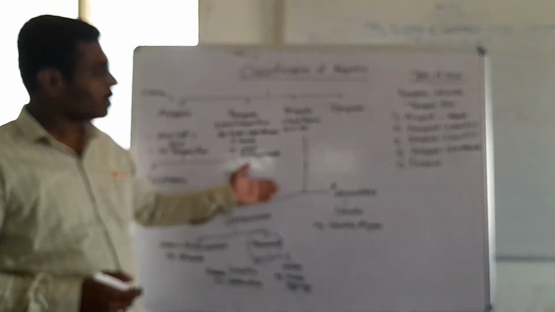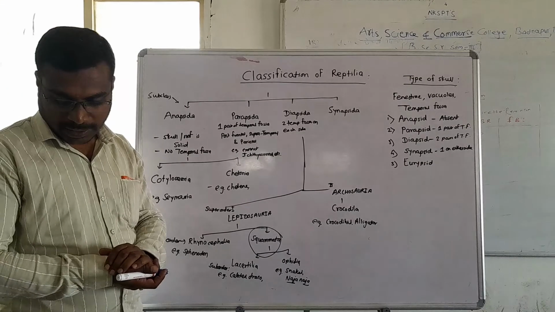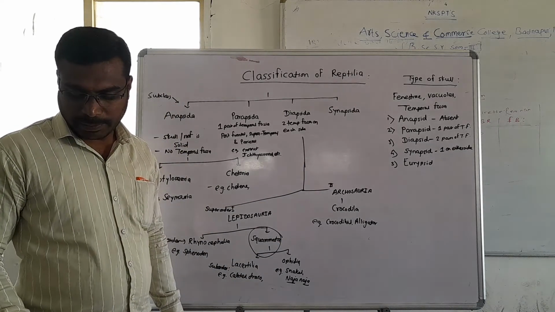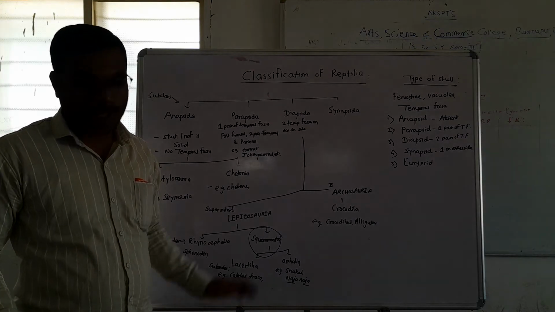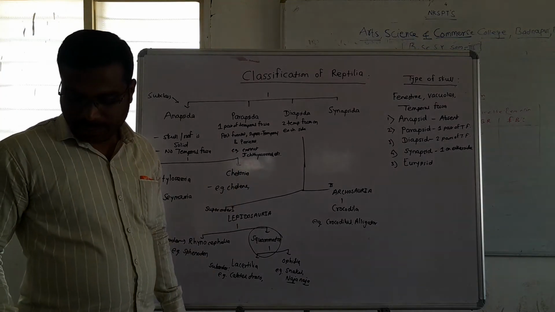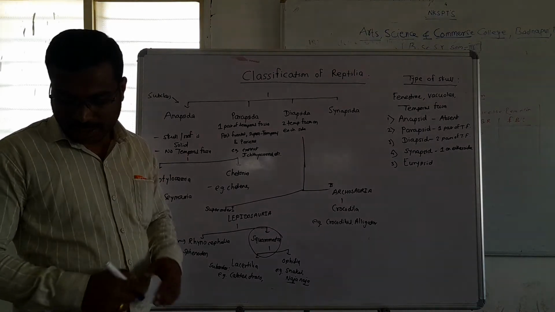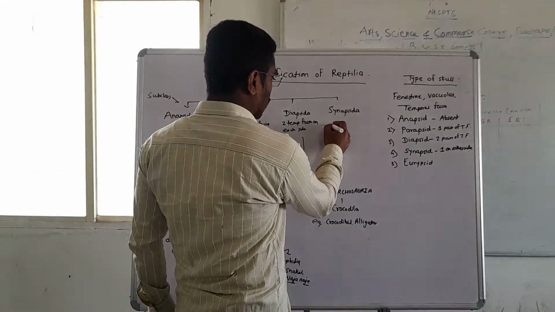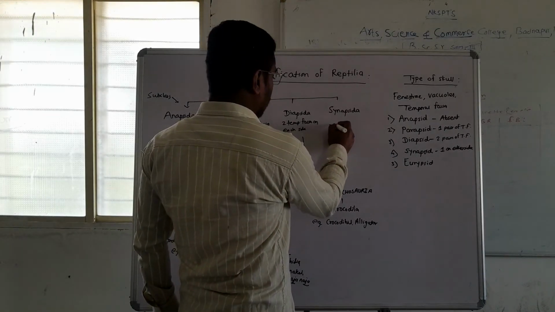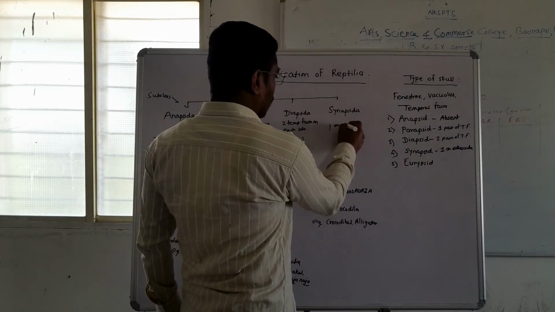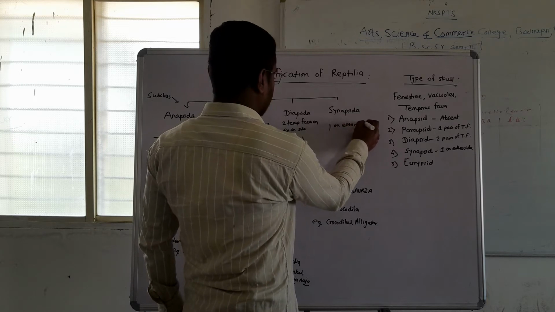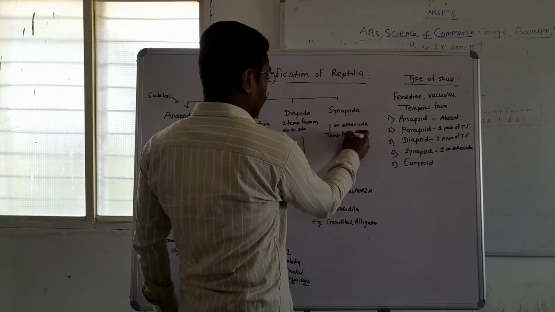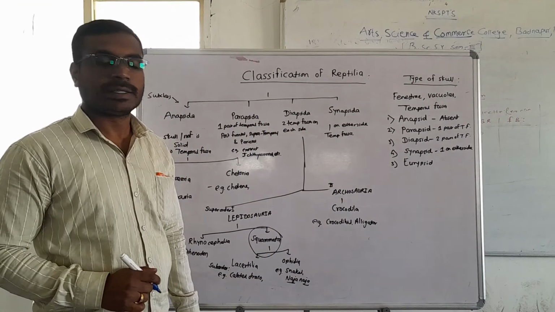Okay. Then the next, fourth subclass, is Synapsida. In Synapsida, the skull has a pair of temporal vacuity, one on either side, each bounded by the post-orbital, squamosal and jugal. A pair of temporal fossa is present.